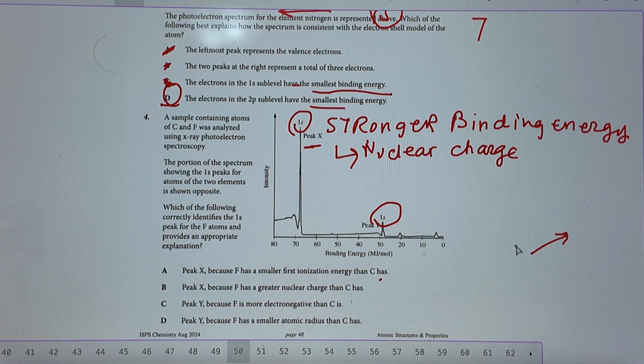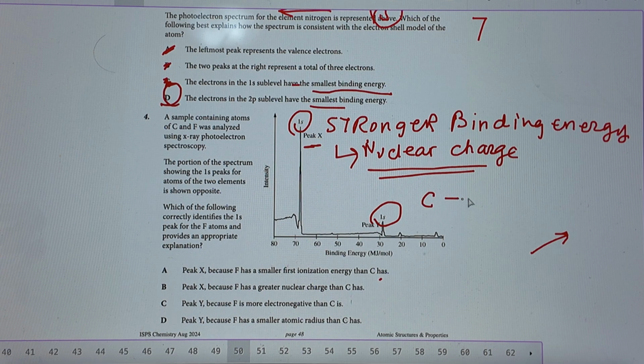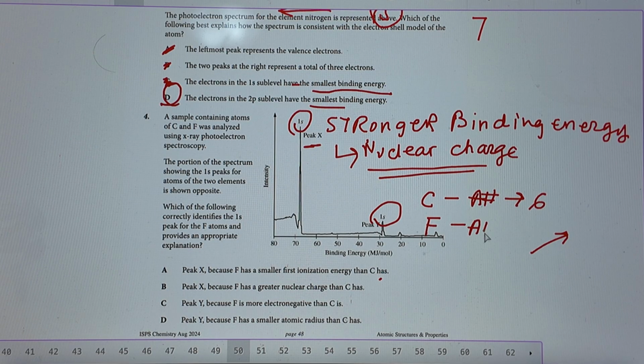And so because fluorine has more protons and more electrons, that means it would have a higher nuclear charge, because I believe carbon's atomic number is 6, and fluorine's atomic number is 9. So it would have a higher ionization energy and a stronger nuclear charge, and thus a stronger binding energy.